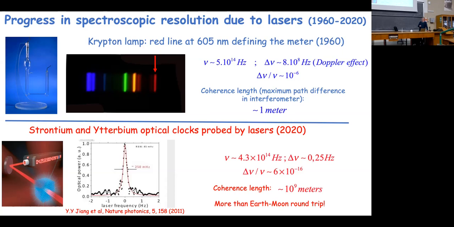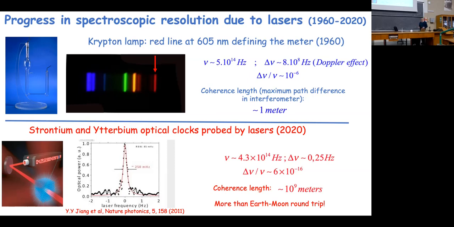This means that if you could build a Michelson with one mirror on Earth and another mirror on the Moon, the return light could interfere without skipping a bit of the light over these huge distances. In fact, the lasers which are being used in the gravitational antennas, which have observed a burst of gravitational waves, are lasers of this kind, which are very, very stable and which allow to do interferometry with a huge precision because of the coherence of the laser light.